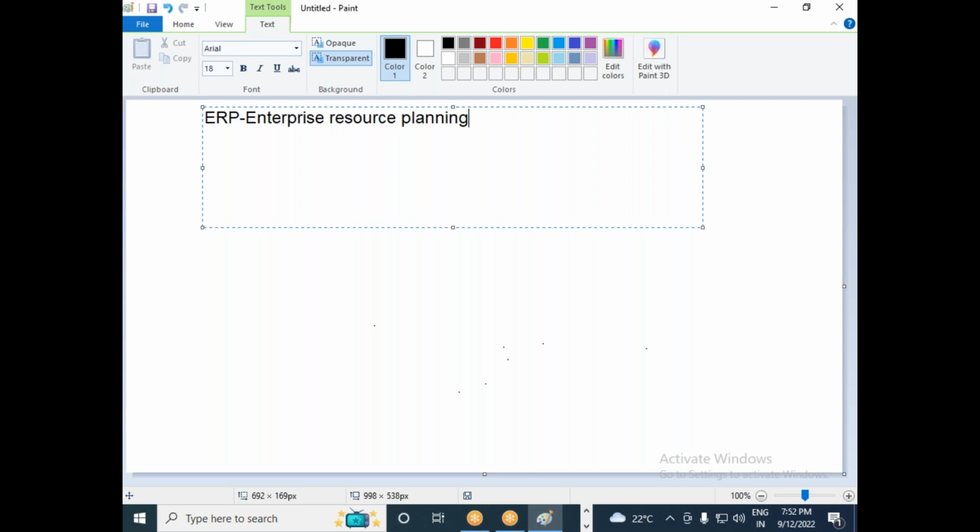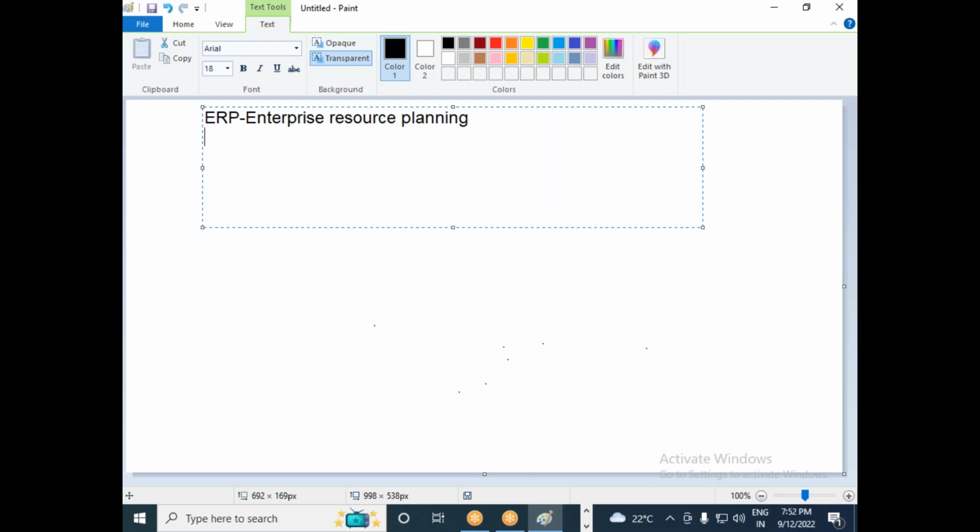SAP is also one of the enterprise resource planning packages or software. When I say enterprise resource planning, what exactly is the meaning of it? I think you might have studied mechanical engineering or some other degree, so you might have come across what enterprise resource planning is.